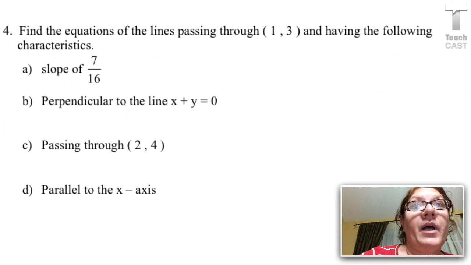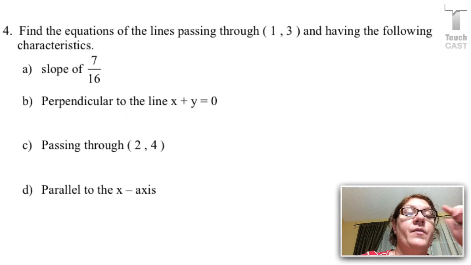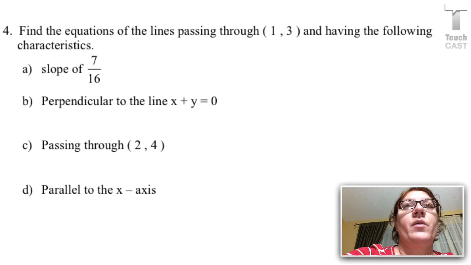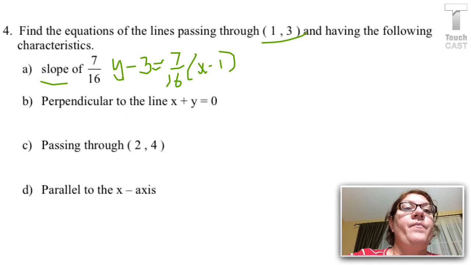So we'll be doing a lot of writing equations of lines because we're going to be doing tangent lines to curves. And so of course we have all the different forms for writing equations of lines on the other side of your paper. So I'm going to use whichever one seems most appropriate. Here I have a slope, and of course I have a point, so I would use point slope form, which would give me this equation.